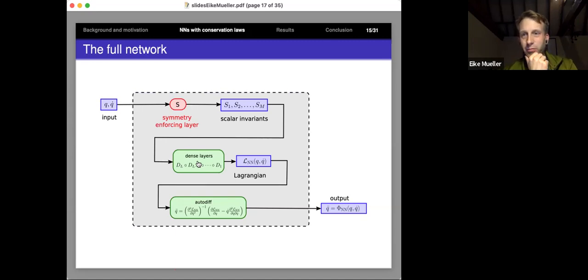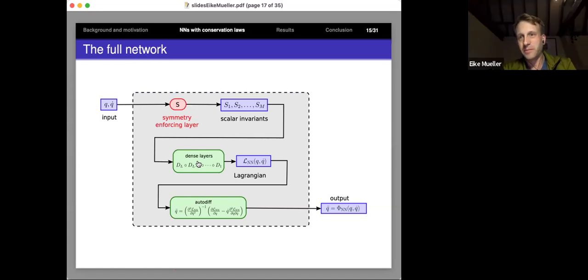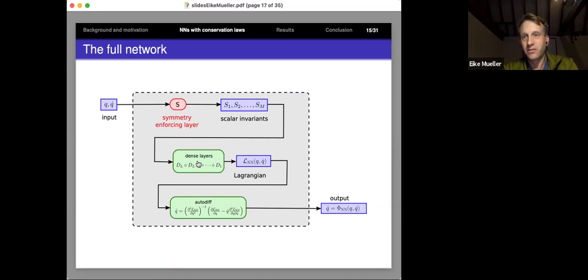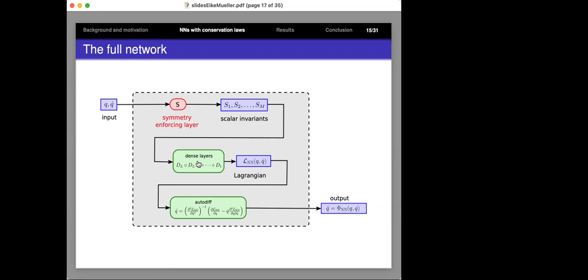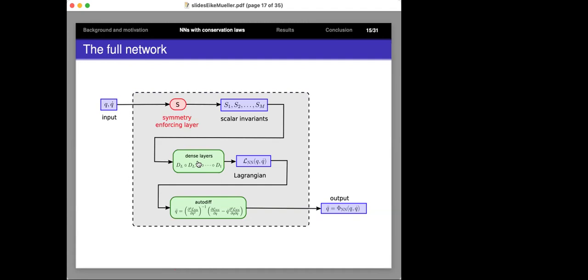If you have a quartic potential, then you would need Q squared to higher powers. So it's more complicated than just putting together the terms that come from symmetry. Yes, I need to do more. Otherwise, you wouldn't need the dense layer; a linear combination would work. But it's not enough in your case. No, it's not enough. All right, thank you.